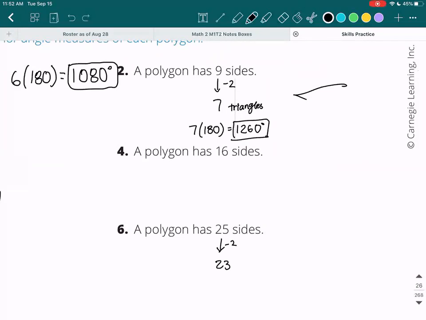That's a really ugly arrow. Let me take that away. All right, so 23 triangles. And then you're going to take those 23 triangles and multiply by 180, and then use your calculator unless you have a really quick calculator brain. What is this? 4,140. Cool.